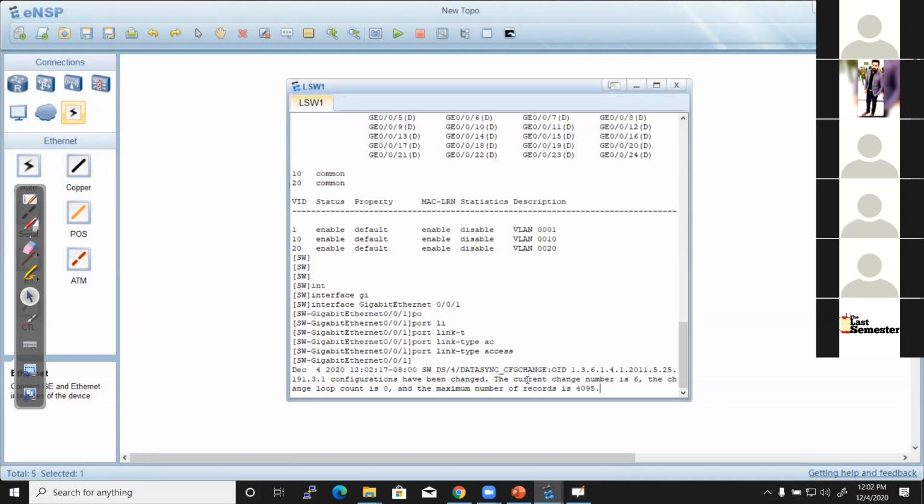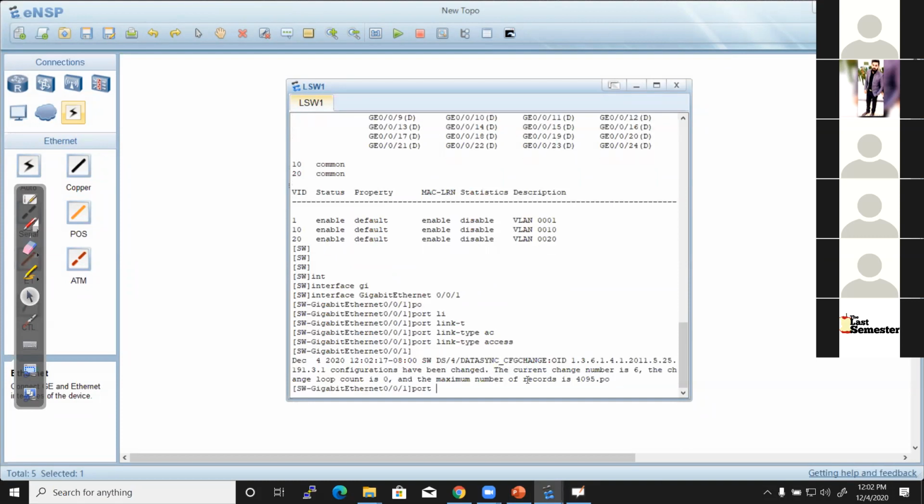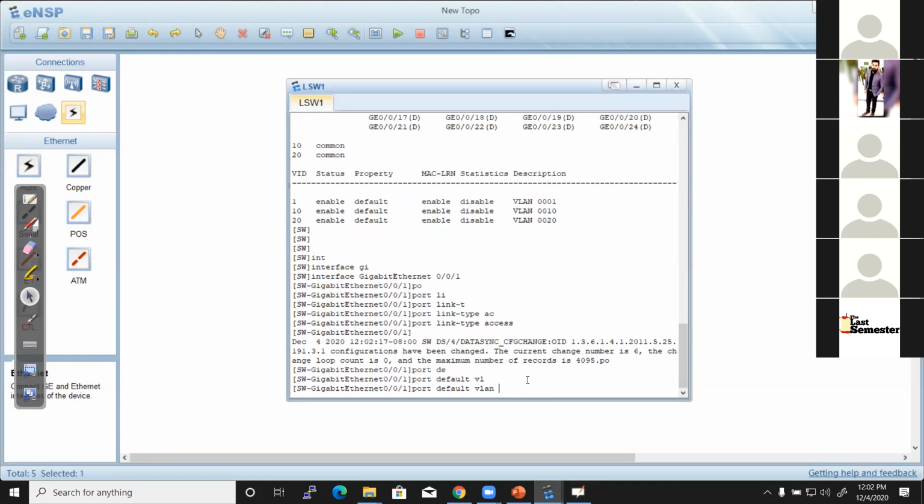That is the first command. The second command is port default vlan 10. What does that mean? I'm telling this interface that now you are a member of VLAN 10.